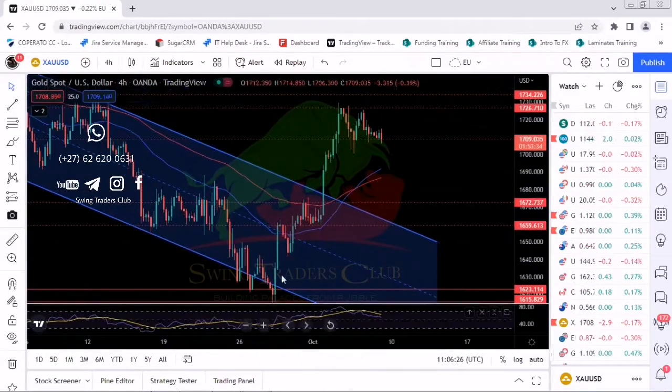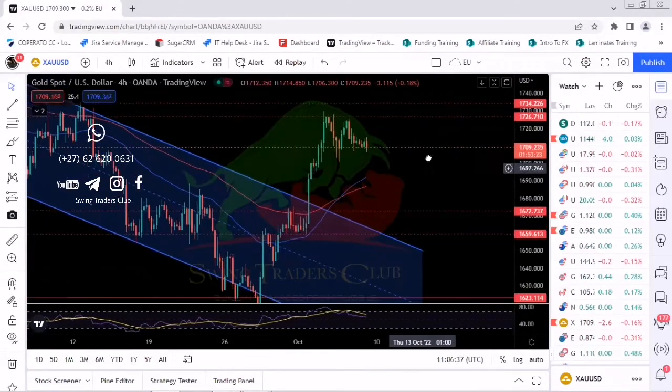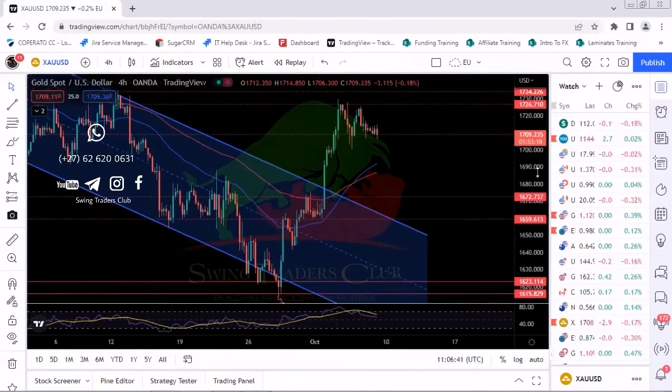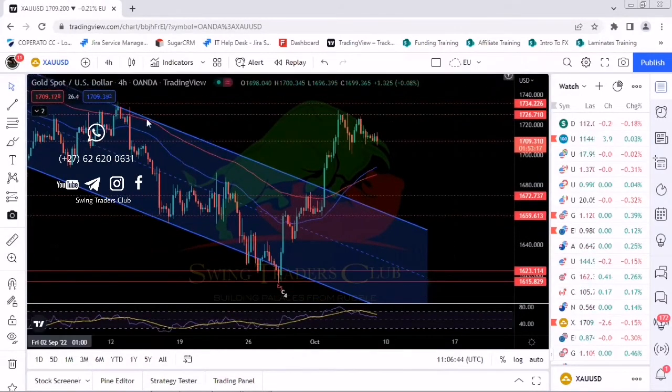We saw the impulse, the market went out, and then now there's a little bit of a correction here. And then I said to you, so what is that? There's a possibility, there are two ways that this can go. The first one is it can be a breakout, and we expect a retest.